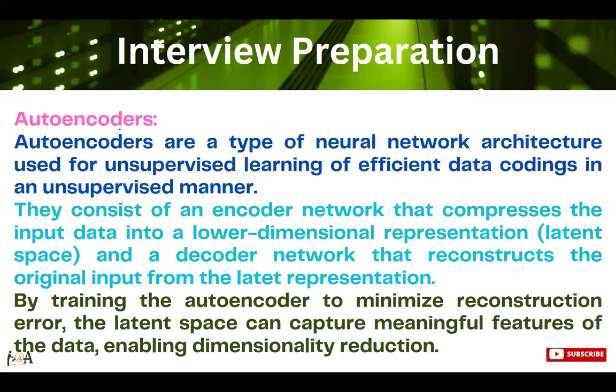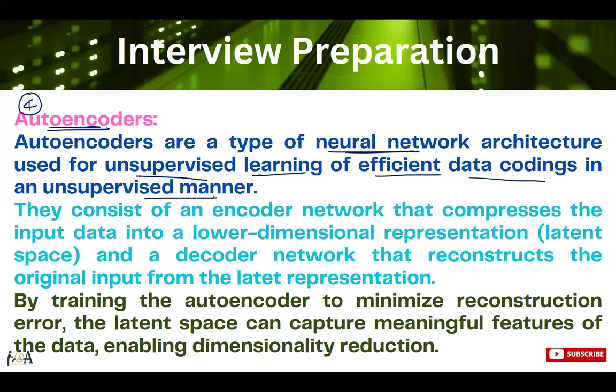Okay. Autoencoders. So the fourth important algorithm is autoencoders. Autoencoders are a type of neural network architecture which is used for unsupervised learning of efficient data codings.